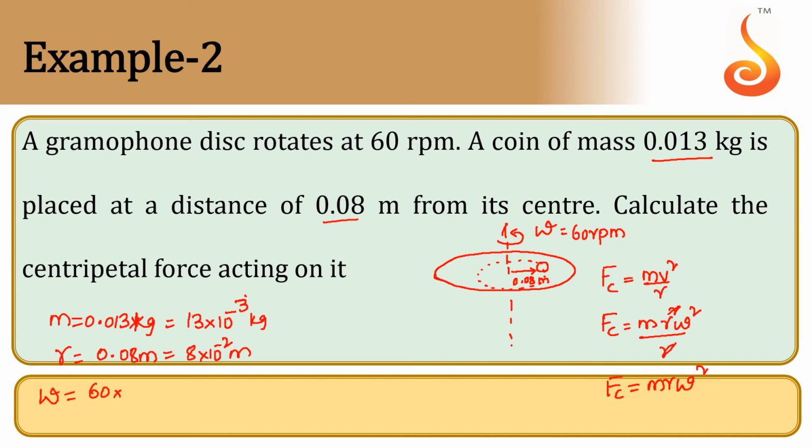So let us convert into radians per second. So 2 pi radians per minute means 60 seconds, so it will be 2 pi radians per second.